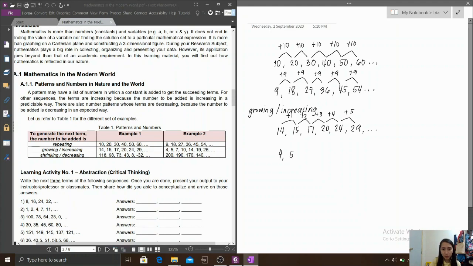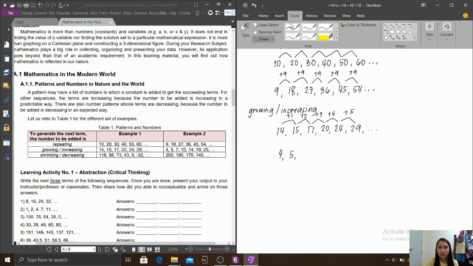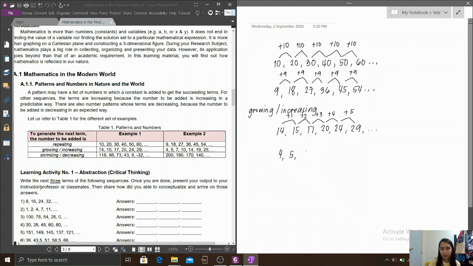Next we have 4, 5, 7, 10, 14, 19, 25, and so on. 4 plus 1 is 5.